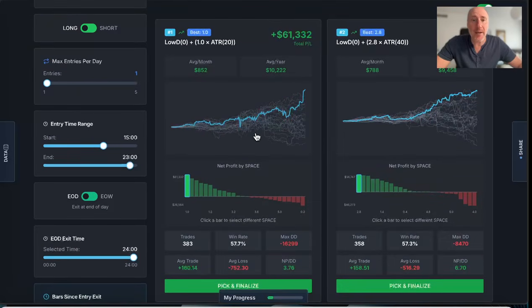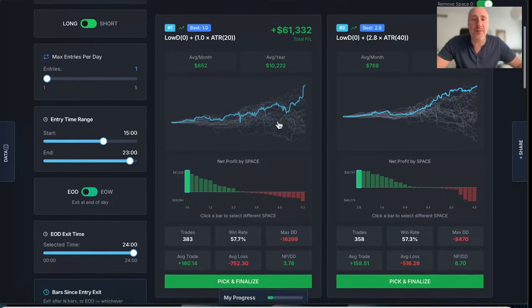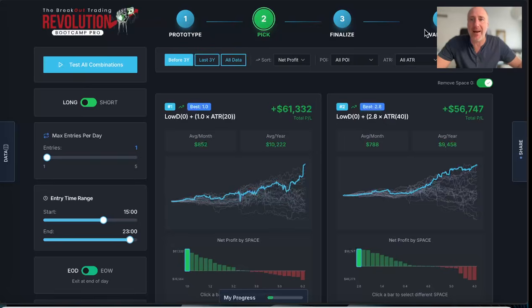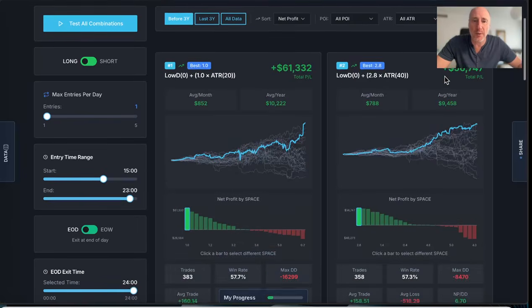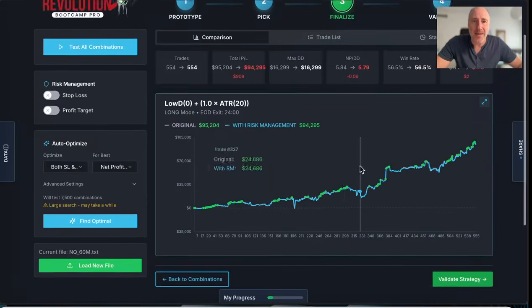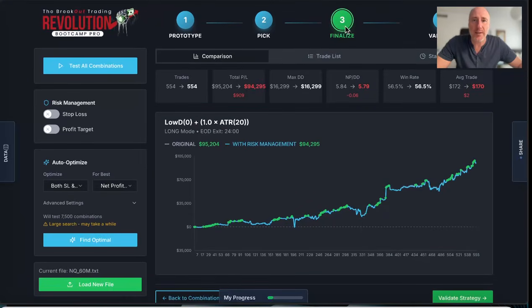Okay, so we do have something which I would consider a very potentially good foundational prototype. And now we need to move it to the next stage, which is finalize and validate. Validate is another robustness testing. Never enough. So what we do now, we click on pick and finalize, and we move it to stage number 3, which is quite quick and easy.